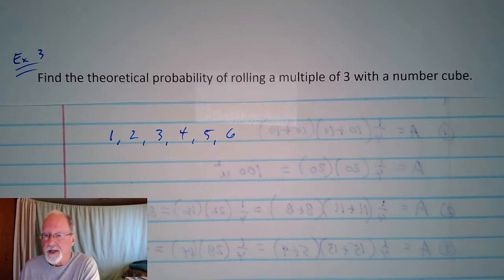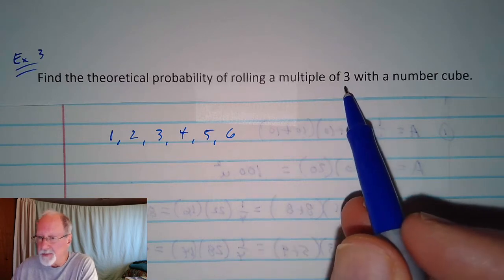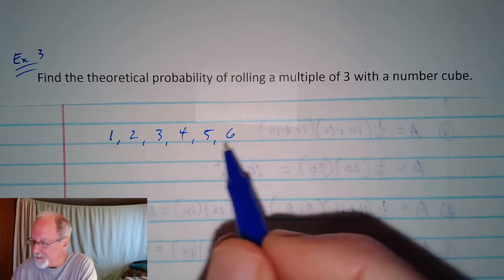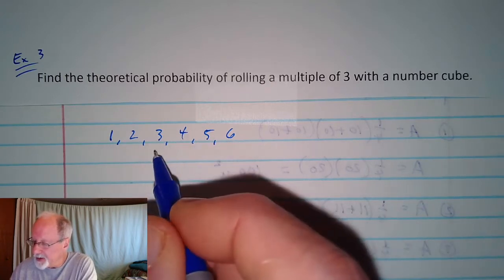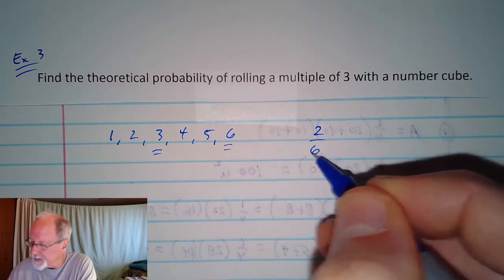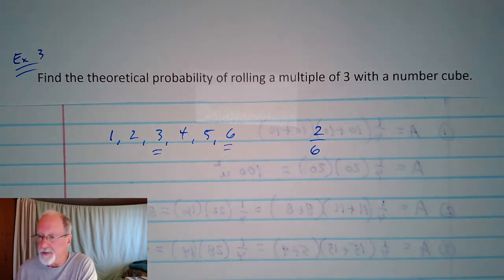It's a cube, and so there's 6 numbers, and they're saying, what's the theoretical? What do you think would happen if I'm trying to roll a multiple of 3? So the sample space would be this entire list, 1, 2, 3, 4, 5, 6, and then multiples of 3, that would be 3 and 6. So I would get 2 out of 6 for my theoretical probability.